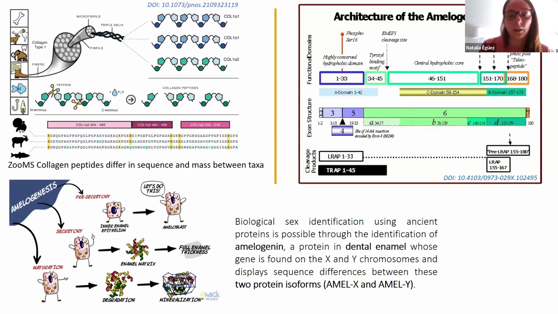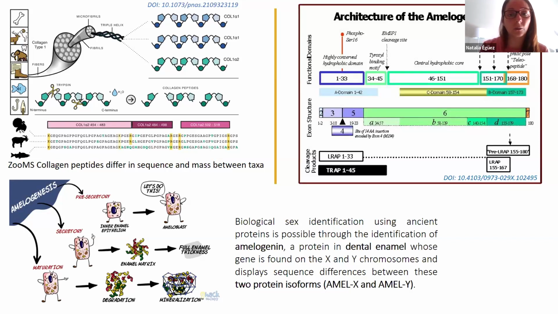Because the dental enamel produces this protein called amelogenin, and this amelogenin has X and Y chromosomes in it. So if you don't have DNA, but we have the proteins, we can still know more about this individual. This technique was developed in forensic sciences some years ago, especially for identifying human remains.